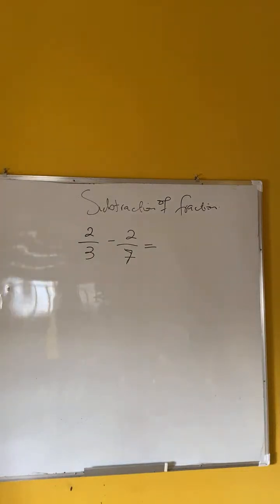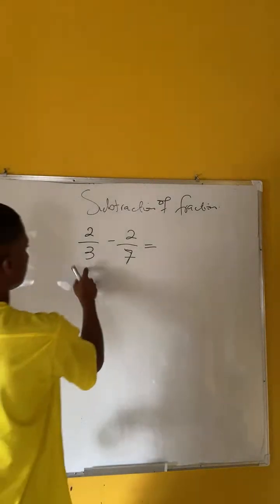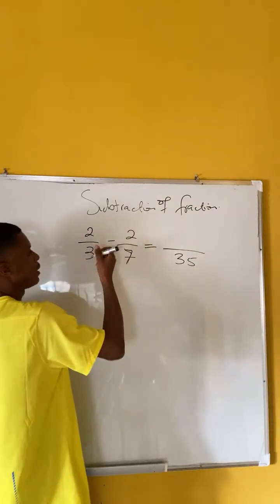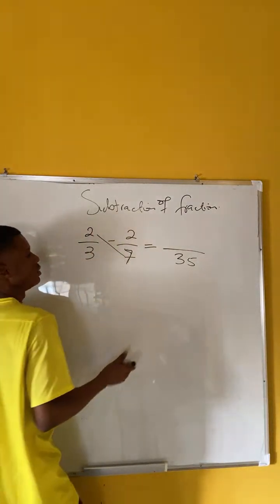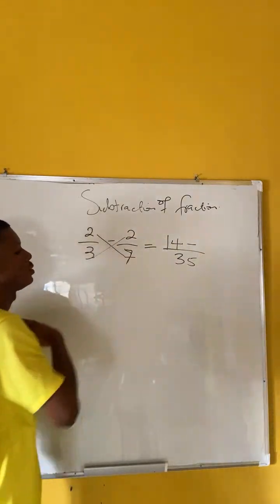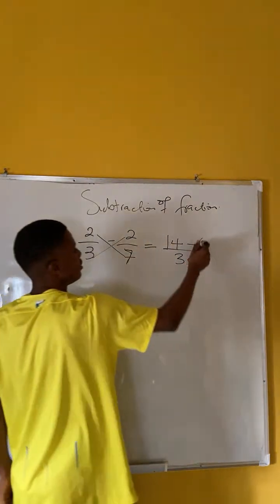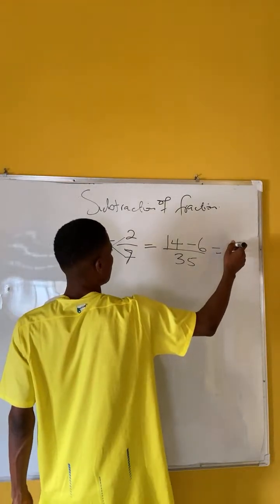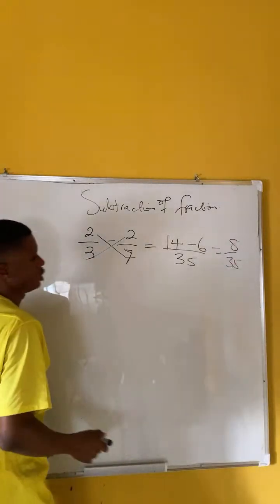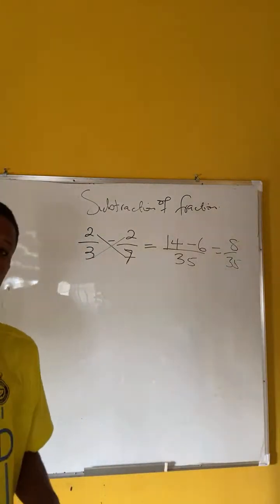Multiply 3 and 7 together, and that gives 21. Then diagonally, 2 times 7 is 14 minus 3 times 2 is 6. So the answer becomes 8 over 21.